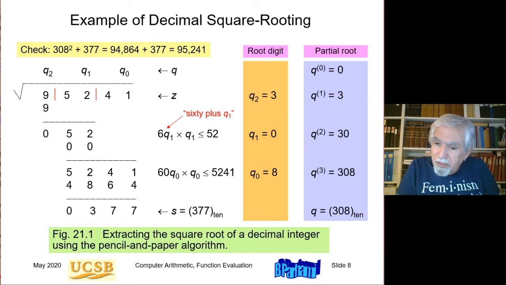Nowadays it's not taught in school, because we basically don't have a need to do manual square root extraction with calculators and computers being so readily available.